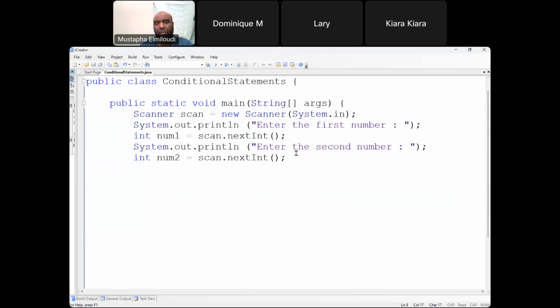No problem. Now I'm going to ask the question. Enter the operation. Okay, well, let's choose your operation. Choose your operation.